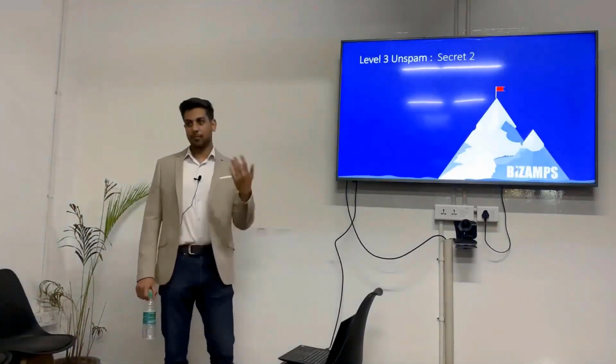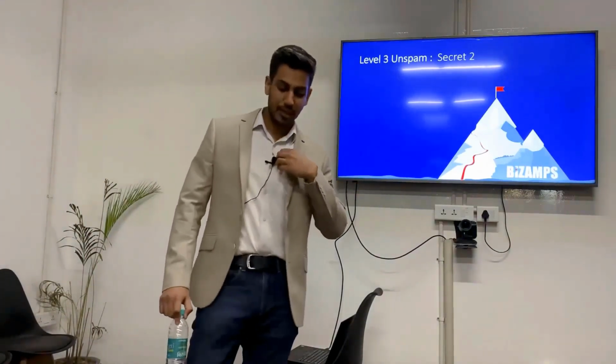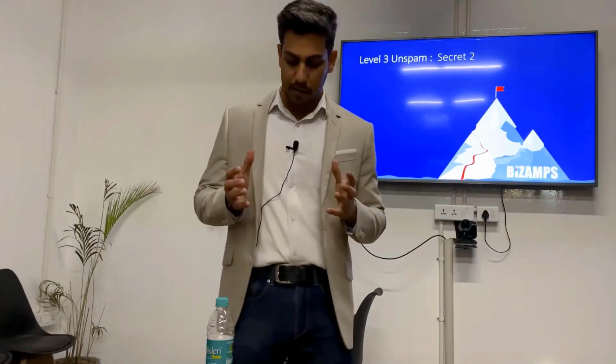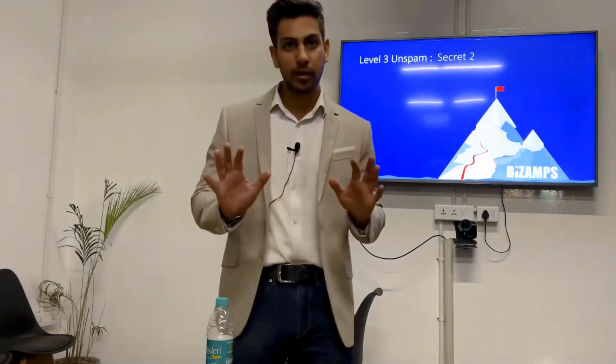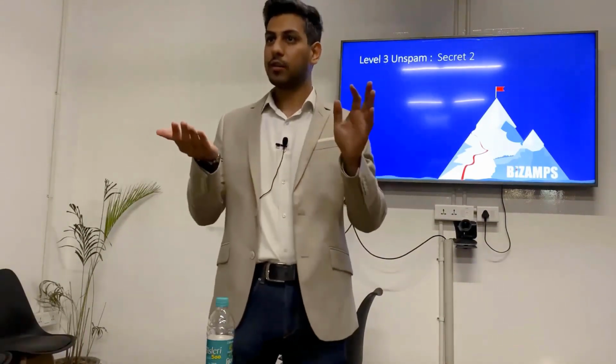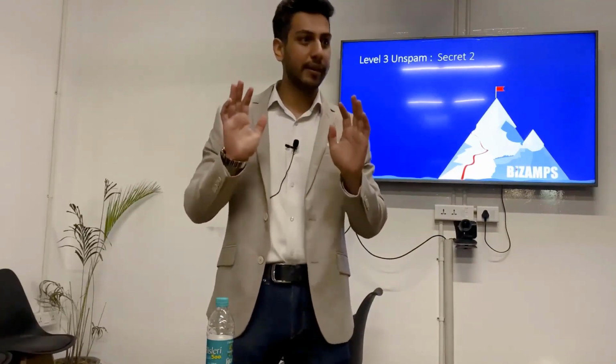So we came up with our own method, and this is also Bizamps' invention. What we do is, there are websites that have micro workers. Micro workers are security guards sitting in, let's say, the US. They don't have anything to do. They say, let me do a small task and get 10 cents.